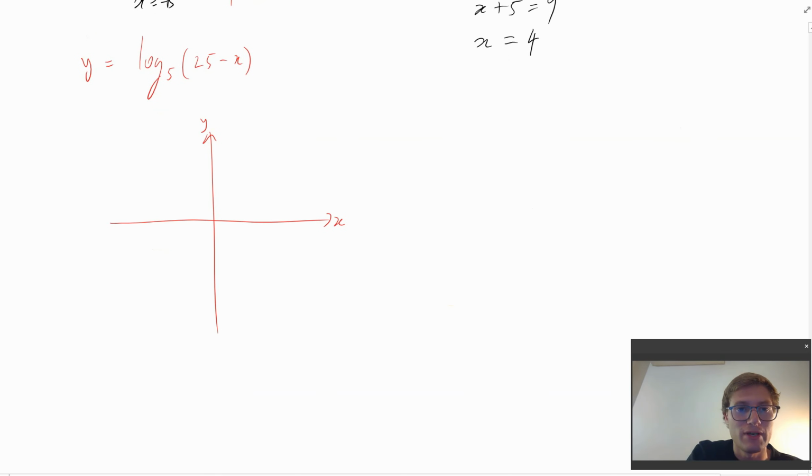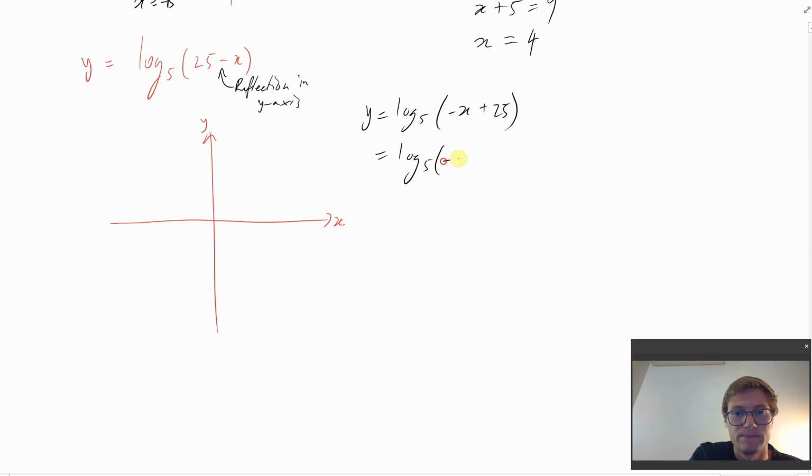All right, last one here. Now here it's written a bit sneakily, because if you look carefully, you realize the negative isn't referring to take away 25, it's referring to negative x. So that actually will be a reflection in the y-axis. So to make this more clear, I would always rewrite these ones just to make it a little bit more obvious what's truly going on.